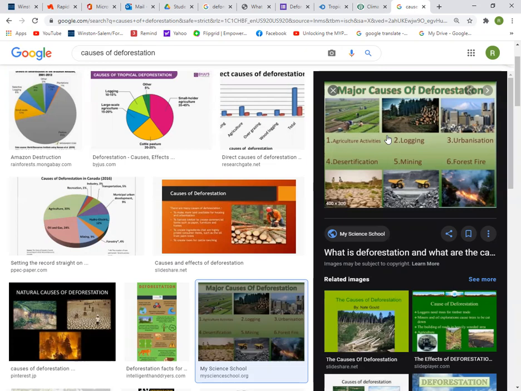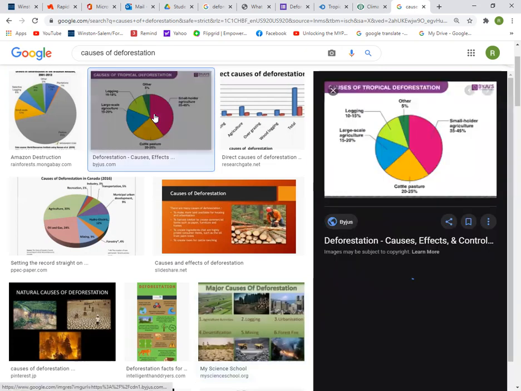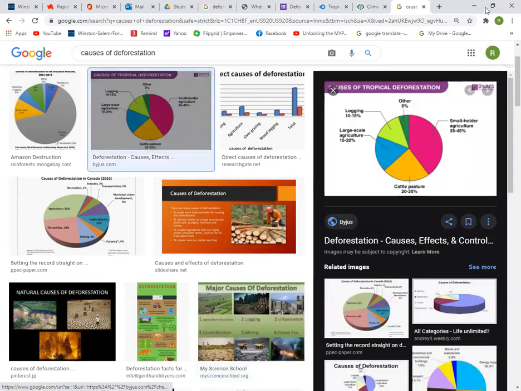So we have identified them, and we have the chart here that can also show us logging, smallholder agriculture, cattle pasture, this is grazing, and large scale agriculture. You will see in the chart that agriculture is the main reason why deforestation is happening, and this is because of the rapid increase of human population.